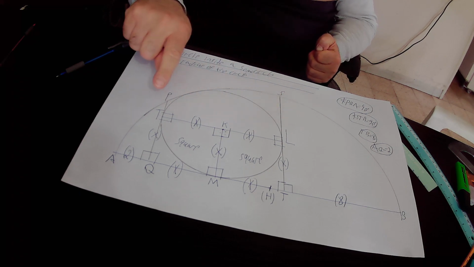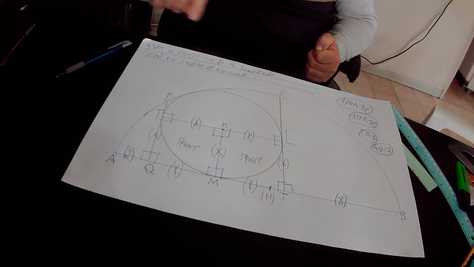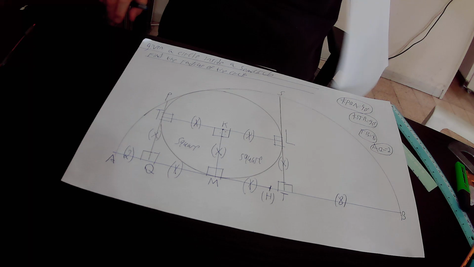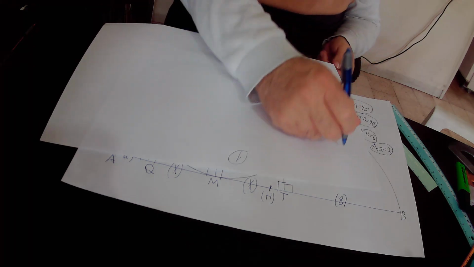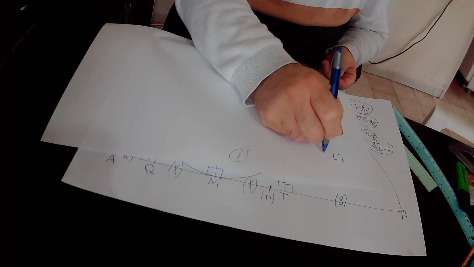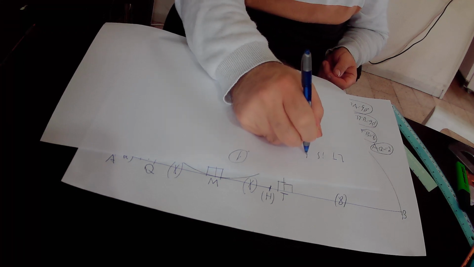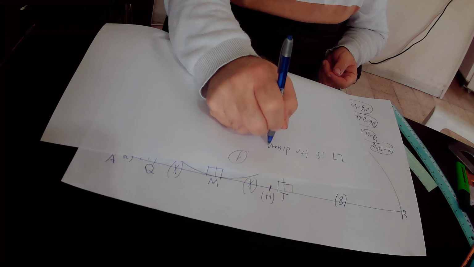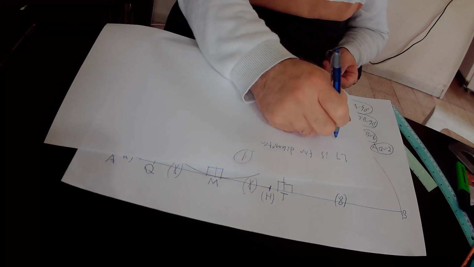Therefore, LT is the diameter of this small circle. So I write it now. We actually found out that LT is the diameter of the small circle.